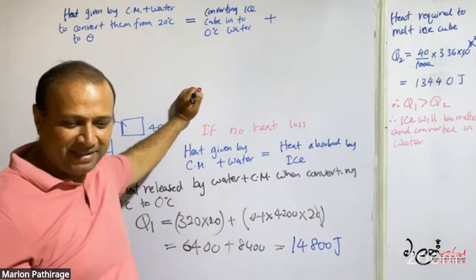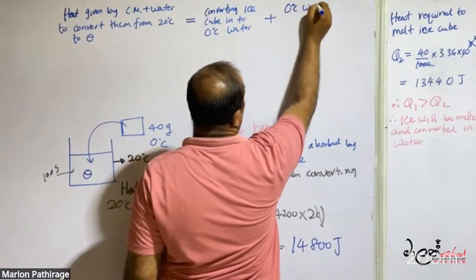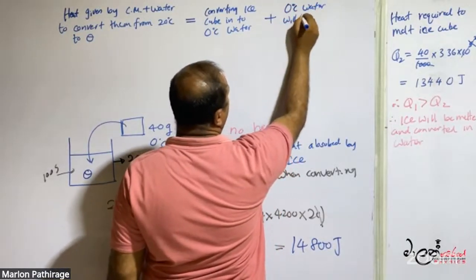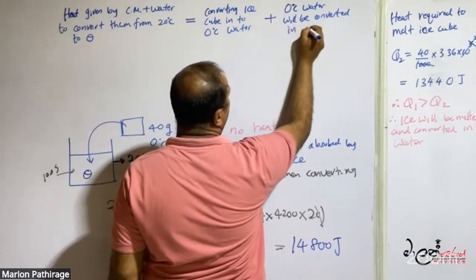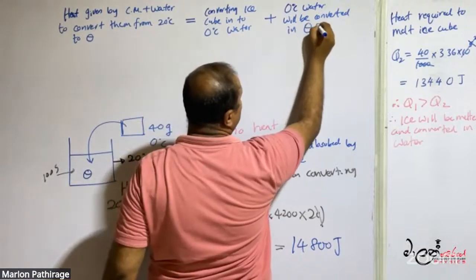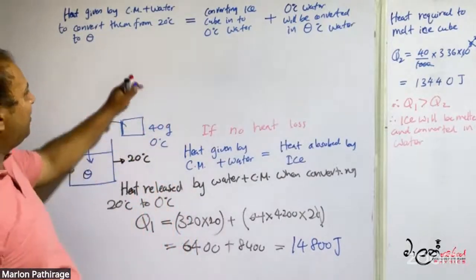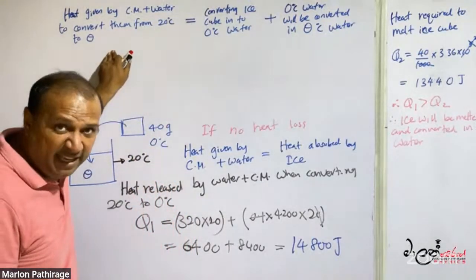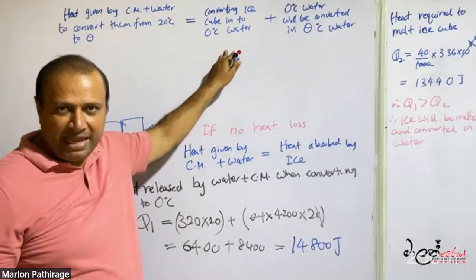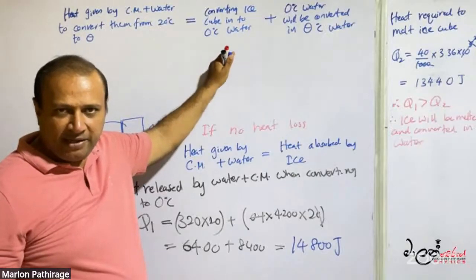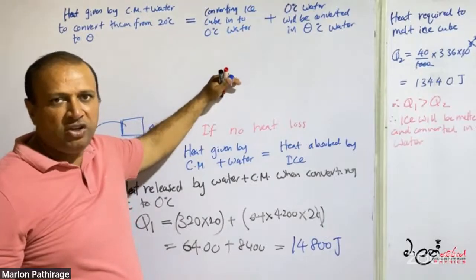Therefore, using this heat, there are two processes to be done. One is converting 0 Celsius ice cube to 0 Celsius water.